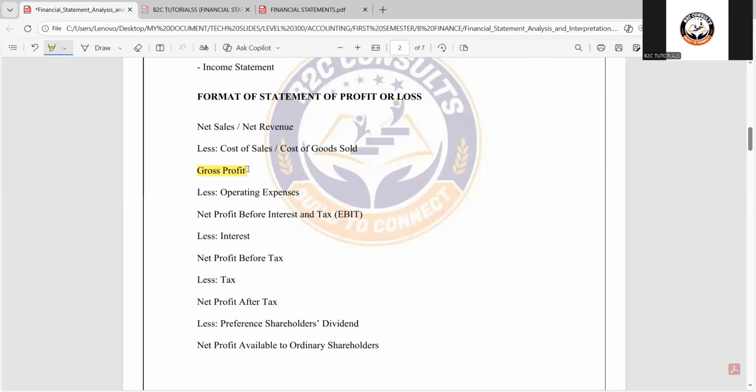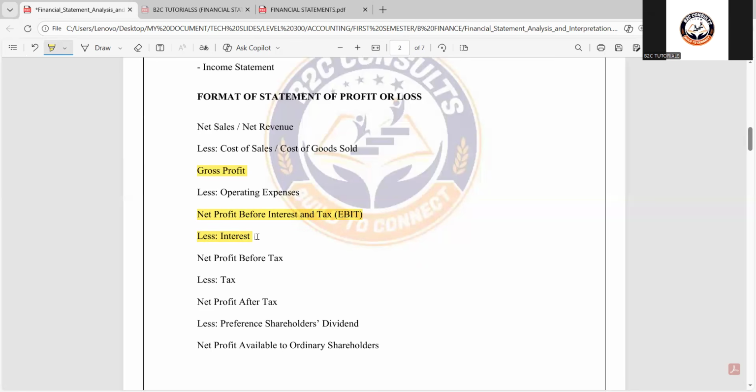That is the expenses that you normally incur. Once you less these operating expenses from the gross profit, you get what we call net profit before interest and tax. Then you would also deduct what we call the interest. This interest is what you pay on the bank loans that you are taking, or the debentures. You know, debenture is a form of loan.